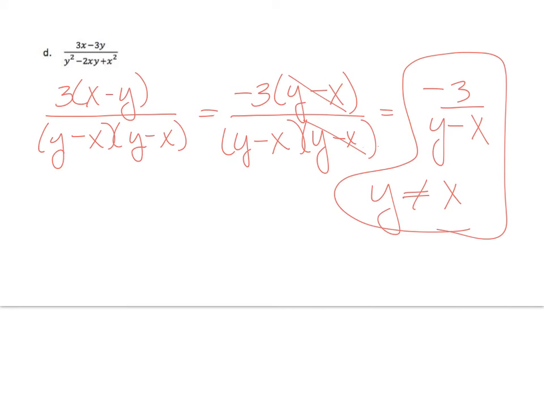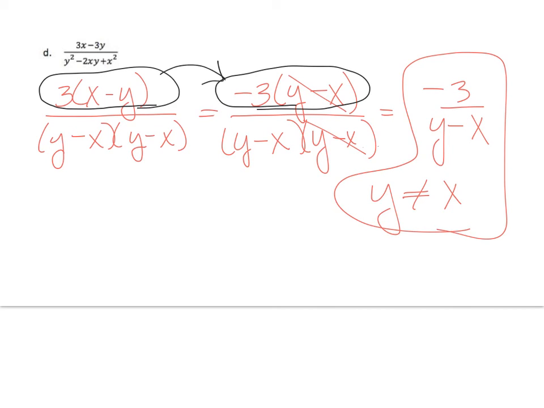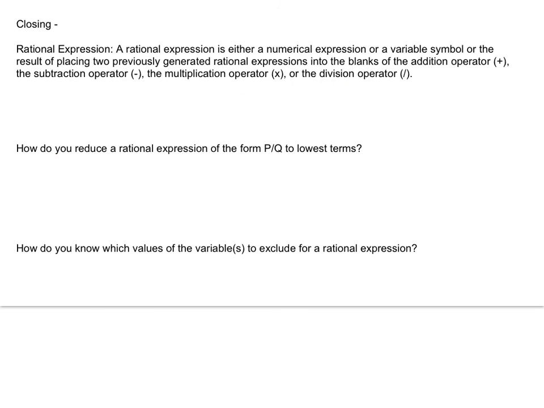Here's another instance where I need to change the order of my binomial that has subtraction in between. So if I factor out a -1, I can flip the variables, which is pretty cool. Okay, in closing, there's a lot of things I want to make sure we remember. So rational expression, I already typed this out, but let's look at it again.